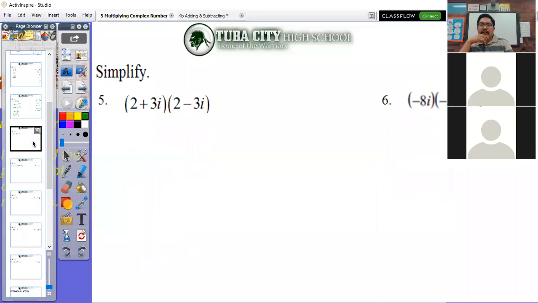Ooh, that number 5 one, if you look at it and remember from Algebra 1, you might call that a difference of squares. Is that what it was called? No, I think difference was when they were both negative.